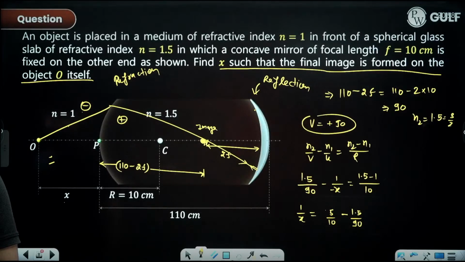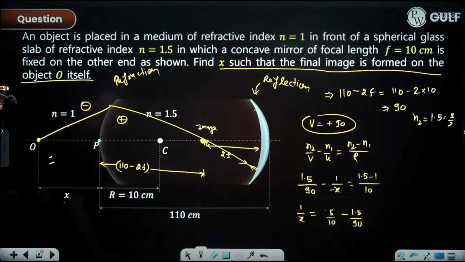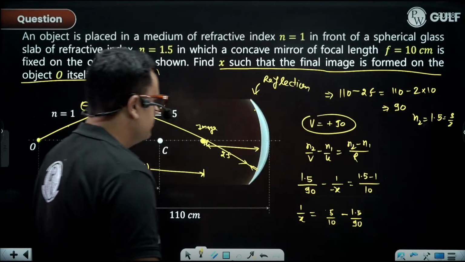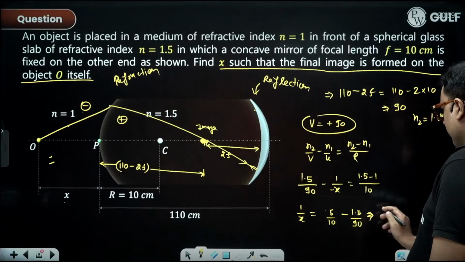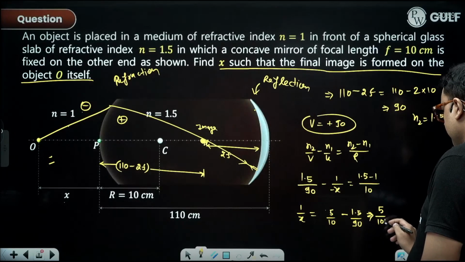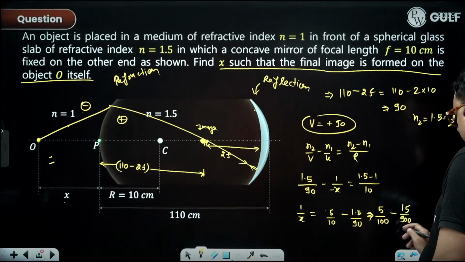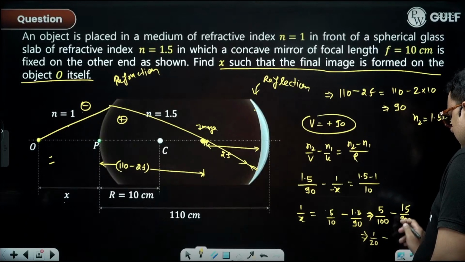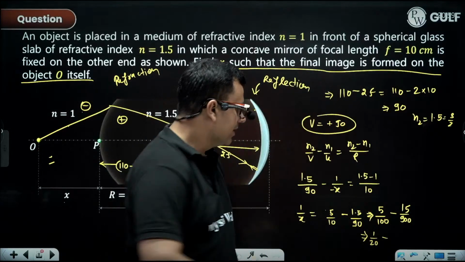Please pay attention over here. This will be 5 upon 100 minus 15 by 900. 5 upon 100 can be written as 1 by 20, minus 15 by 900, which is 1 upon 60.